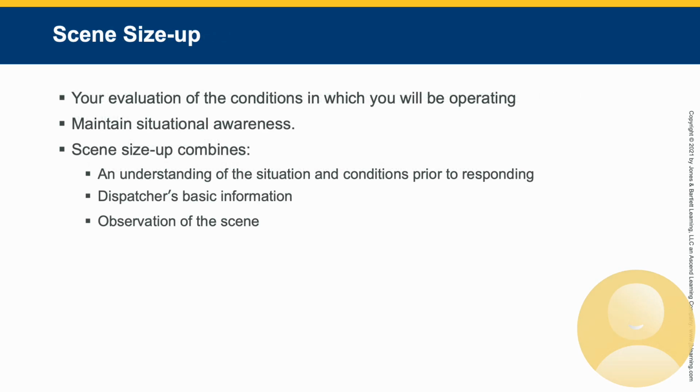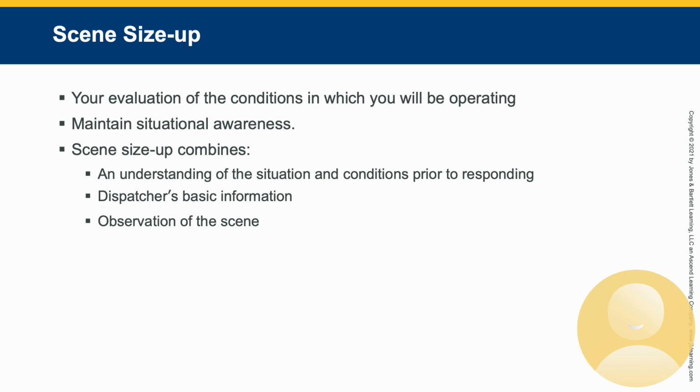Now let's dive into the first of those 5 components, okay? So we have the scene size up. Before we ever even touch the patient, we evaluate the environment we're about to work in, okay? This includes constantly maintaining situational awareness, paying attention to people, surroundings, and hazards from the moment we're dispatched until the call is complete.